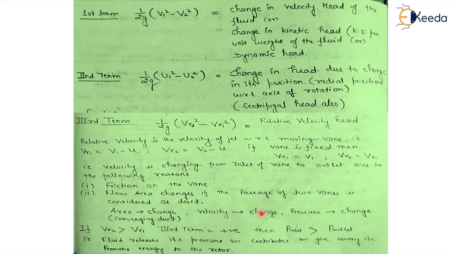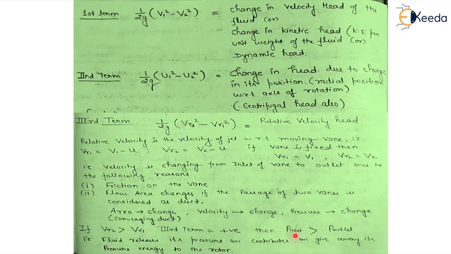If velocity is increasing, that means kinetic energy is increasing. If kinetic energy is increasing, then pressure energy is decreasing. If I consider the inlet and outlet, the velocity at the outlet is more than the velocity at the inlet, so the pressure at the outlet is less and the pressure at the inlet is more.